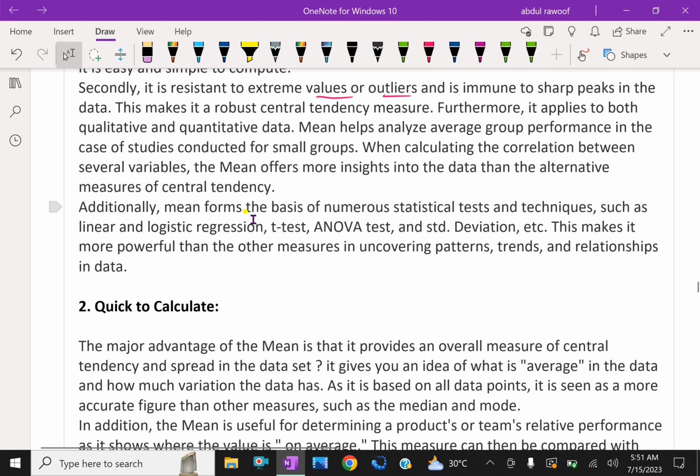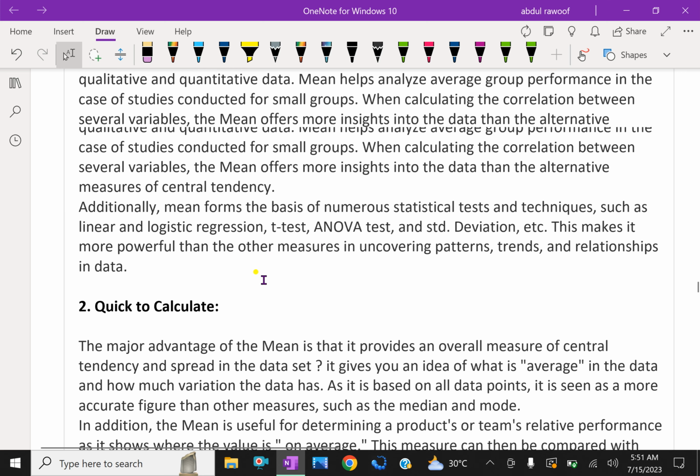Additionally, mean forms the basis of numerous statistical tests and techniques such as linear and logistic regression, t-test, ANOVA test, and standard deviation, etc. This makes it more powerful than the other measures in uncovering patterns, trends and relationships in data.